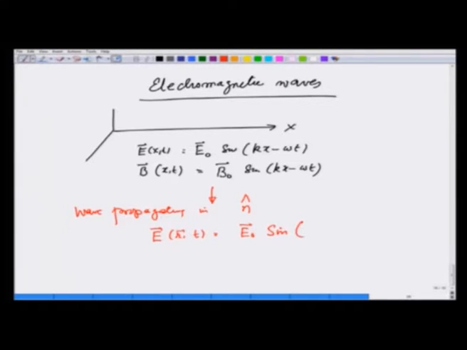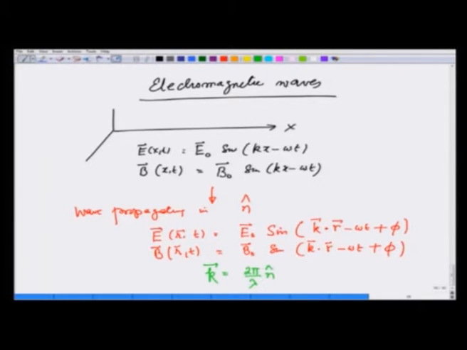So, I can write this in general as sin(k dot r minus omega t), and B as a function of r and t equal to B0 sin(k dot r minus omega t). And if I want to be even more general, I will add a phase phi that can make it cosine or whatever, where the vector k is equal to 2 pi over lambda in the direction of propagation.